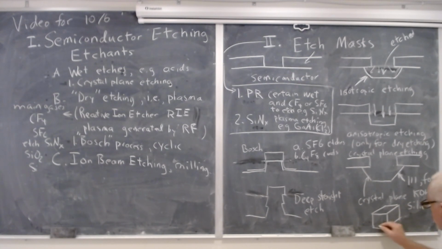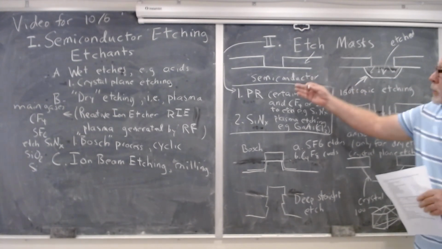If that's my crystallographic box, and this is the 100 plane, then the 111 is defined by that triangle there. So if you had a 100 surface like here, and you had an opening over here, it would etch down to that triangle.